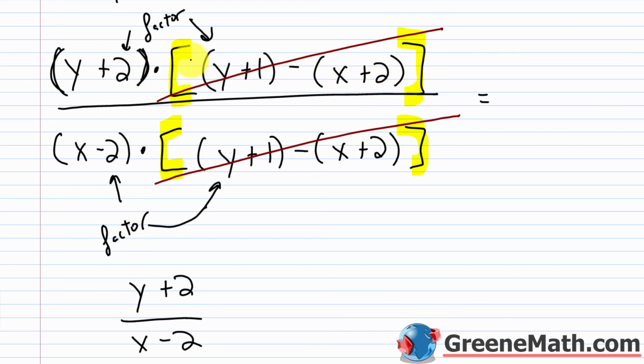This is multiplication. You just have factors here. Okay, same thing down here. You just have factors here. Now, within those factors, you do have addition and subtraction. I know that's what makes it confusing, but again, this thing right here is a factor which can be canceled with the same factor down here. So that leaves me with what's left, which is y plus 2 over x minus 2.